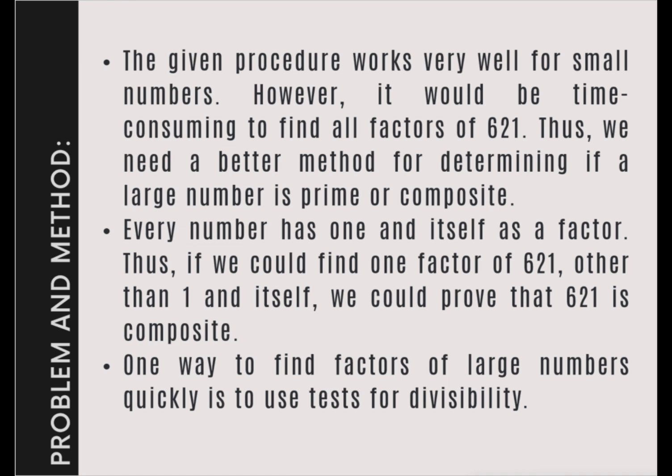Every number has 1 and itself as a factor. Thus, if we could find one factor of 621 other than 1 and itself, then we could prove that 621 is composite. One way to find factors of large numbers quickly is to use tests for divisibility.